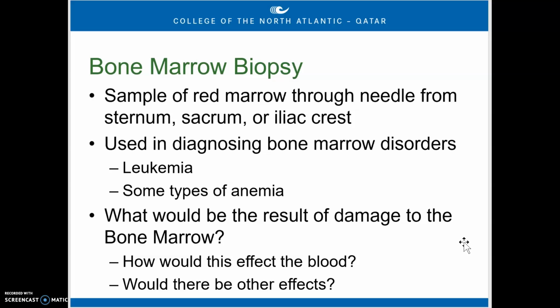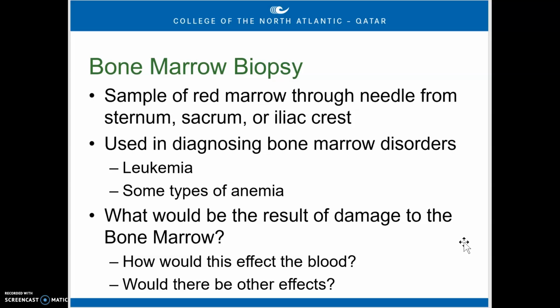The way they do this is they take a needle and put it either in the sternum, the bone in the center of the chest, the sacrum, which is a part of the hip bone, or the iliac crest, which is also part of the hip bone. So this type of sample is how we diagnose a lot of bone marrow disorders, which of course will be linked to bone disorders or blood disorders. So leukemia, some types of anemia, this is the test that we would use to diagnose those conditions.